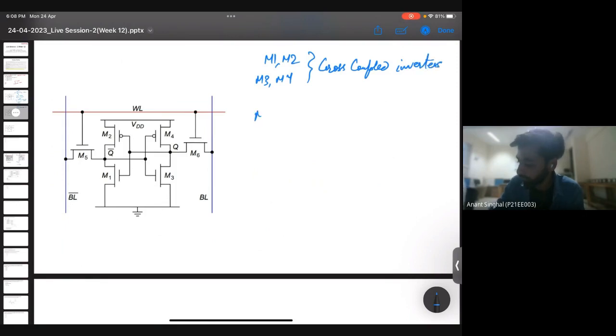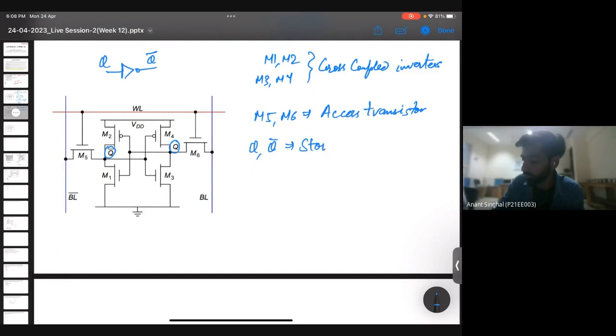Then we have M5 and M6, which we call access transistors, which will decide what bit it will hold, read, or write. And there are two nodes you can see, one is Q and one is Q bar. We know that if there is a certain input to an inverter, it will always give a Q bar. So this Q and Q bar are known as the storage nodes.